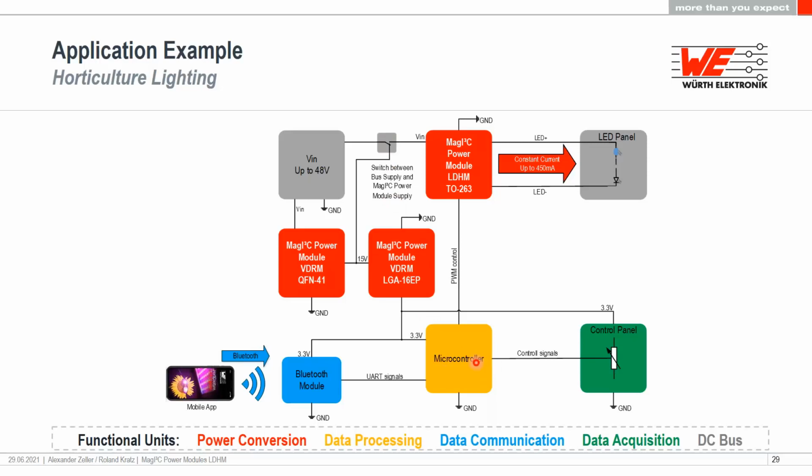This microcontroller controls everything, the Bluetooth module, for example, the optional control panel, and what you see is a typical application for horticulture, for architectural culture. So horticulture LEDs, architectural LEDs can be used, and also this can be used for infrared LEDs for a lot of applications.